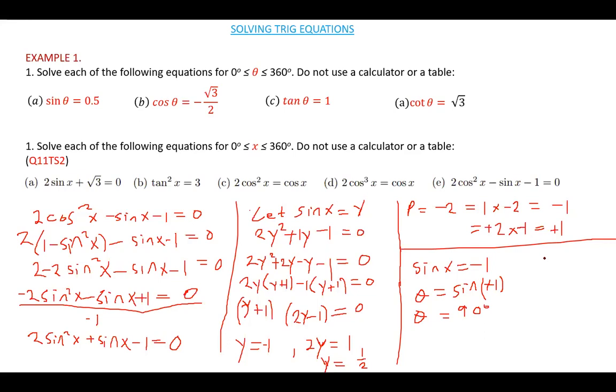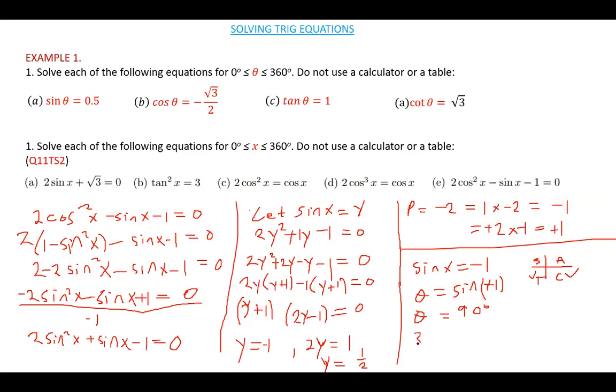And then according to these quadrants, we know that sine x is only negative in the third and in the fourth quadrant.